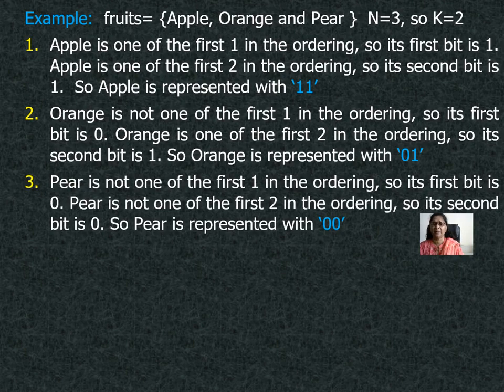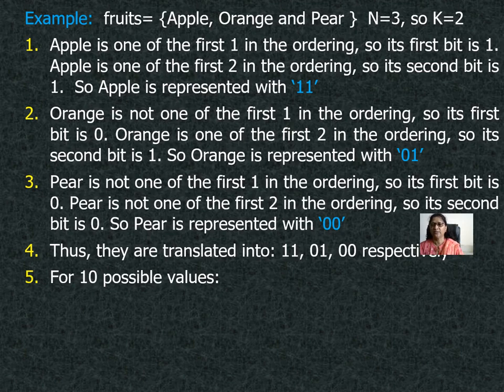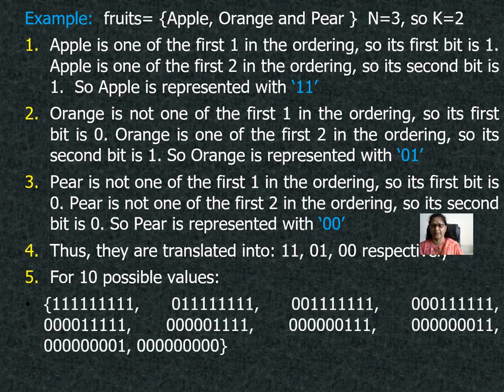Let's look at the third member, pear. Pear is not the first in the ordering, so its first bit will be set to 0, and pear is also not one of the first 2 in the ordering, so its second bit is also set to 0. So pear is represented as 0, 0. Thus apple, orange and pear will be represented as 1, 1, 0, 1 and 0, 0 respectively.